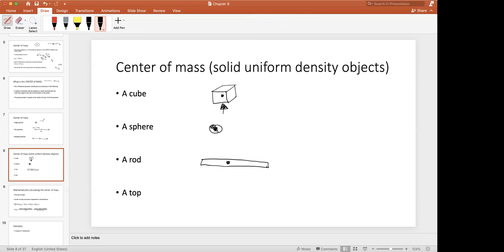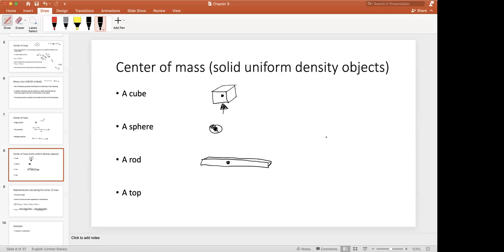And by rod, we really mean that it has no depth, right? Even though we would draw it like this, we assume that it's basically completely thin. It's like a two-dimensional object. It has some height and it has some length, but it doesn't necessarily have any width. It may not even have some height. It may only have the length. The long, thin rod's center of mass is right at the center of the rod.